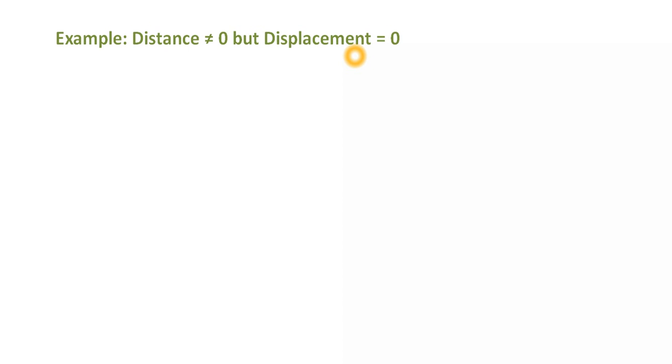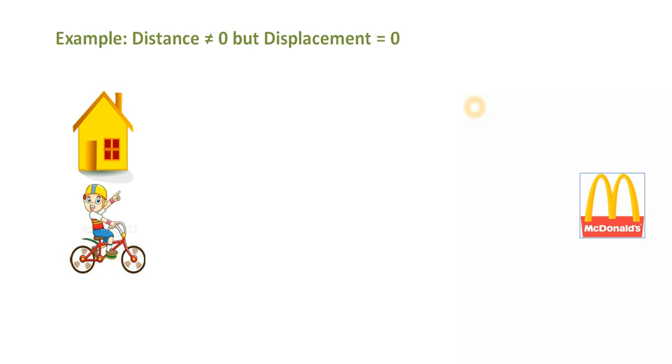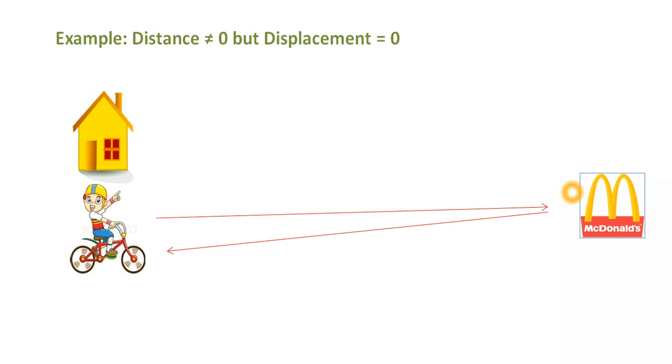Let's again consider the same boy and he starts from his home and goes to McDonald's. And what happens when he reaches McDonald's? Say, for instance, he forgot his purse and he comes back to his home. It means he comes back from McDonald's to his home. So in this case, what is the distance?